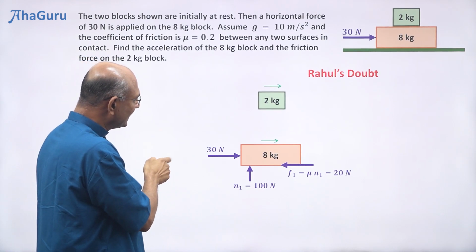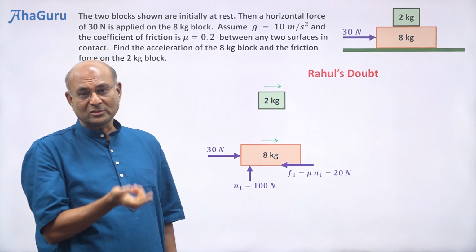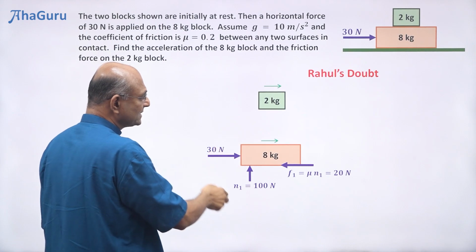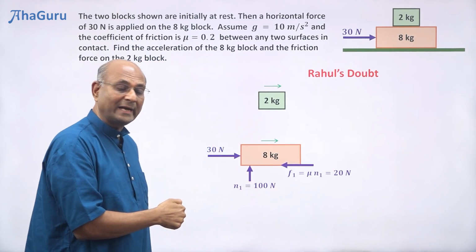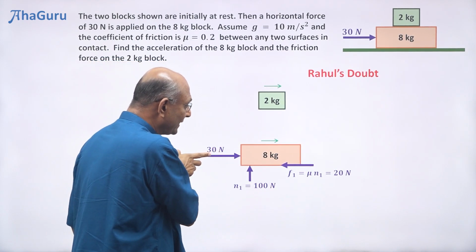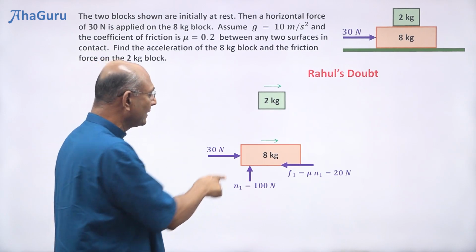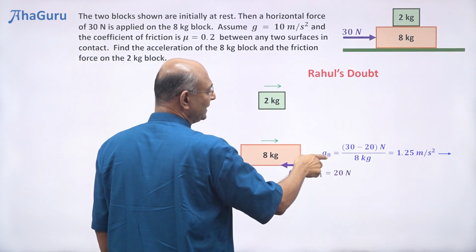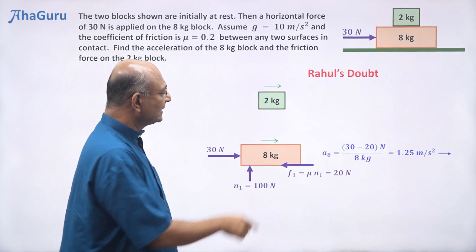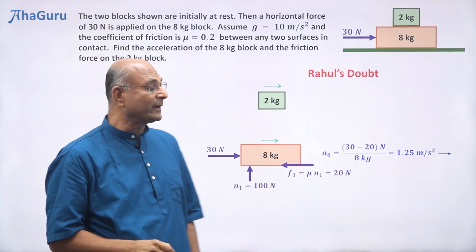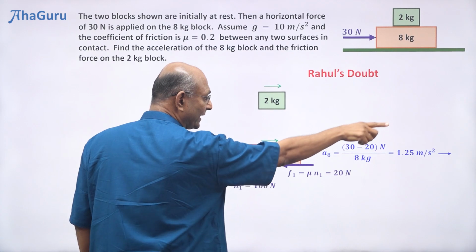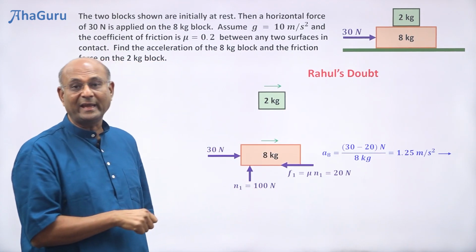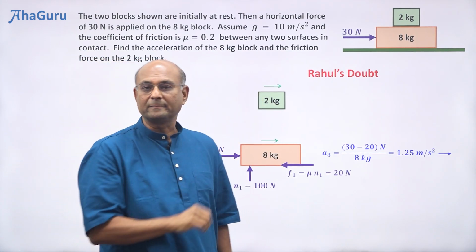So Rahul's answer is that obviously it has a horizontal acceleration, 30 newtons like this, 20 newtons like that. So 30 minus 20 will be the net force in that direction divided by this mass 8. So 30 minus 20 divided by 8, 10 by 8 is 1.25 meters per second squared. So that is the acceleration of the 8 kg block, A8.